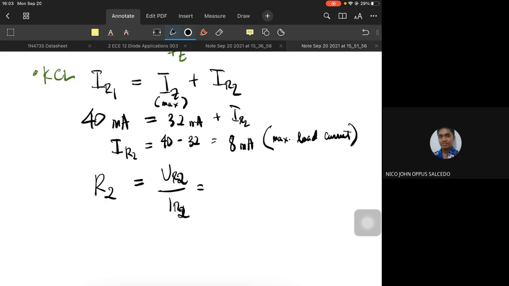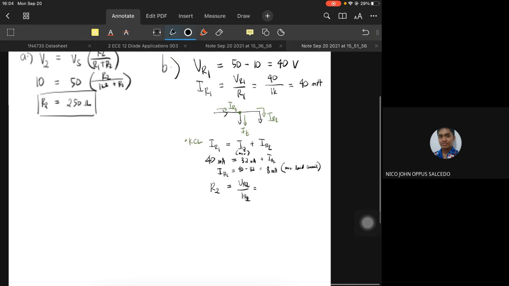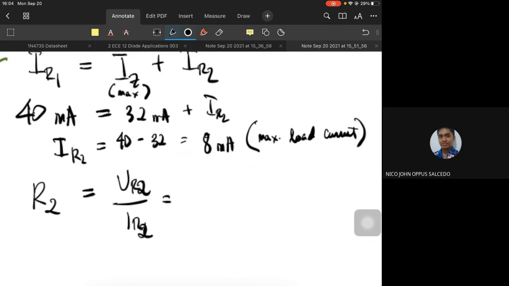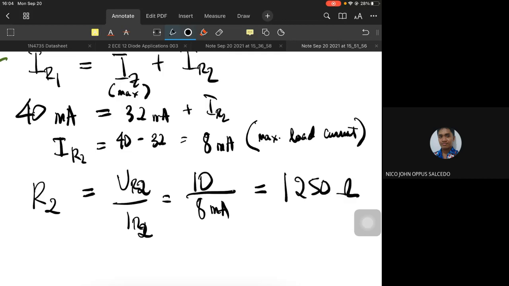VR2 is ito kanina, 10 over 8 milliamperes. Ilan na siya? 10 divided by 8 milliamperes, 1,250 ohms.